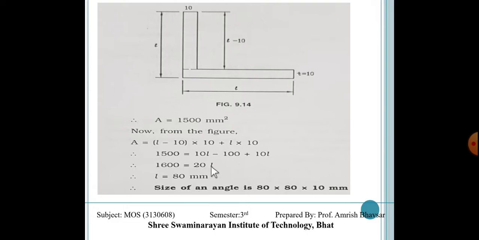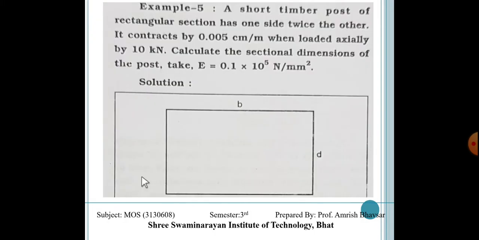That's why we consider the factor of safety. If the load is increased by 2 times, then our section, or our design, must be safer. Clear?